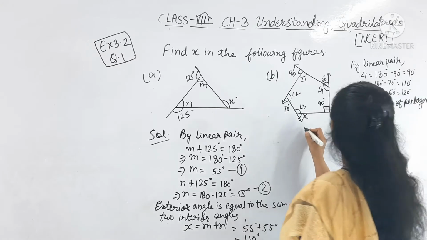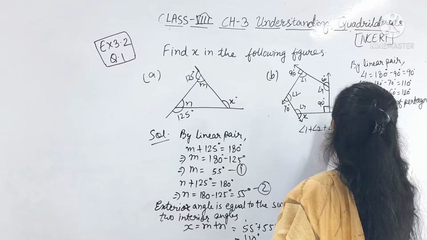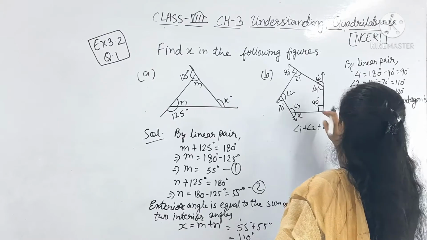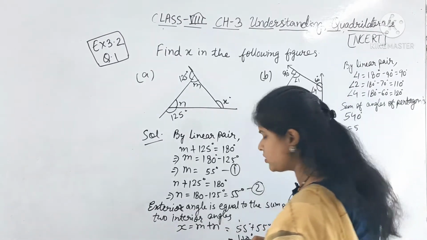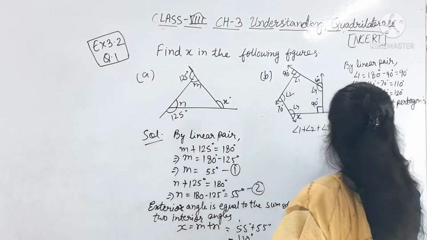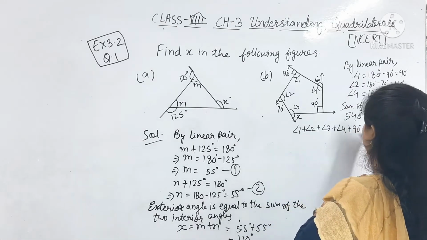So here you have to write angle 1 plus angle 2 plus angle 3 plus angle 4 plus 90 degree, 5 angles are there, equal to 540 degree.